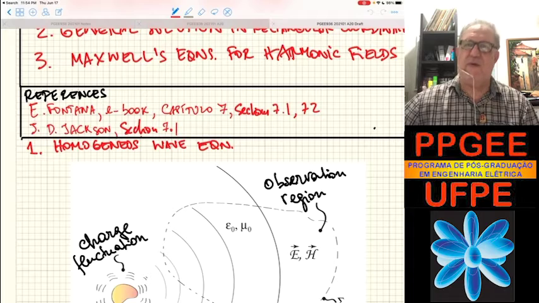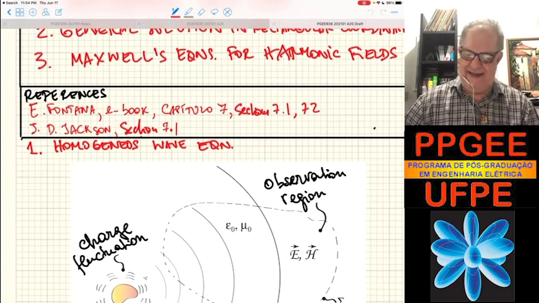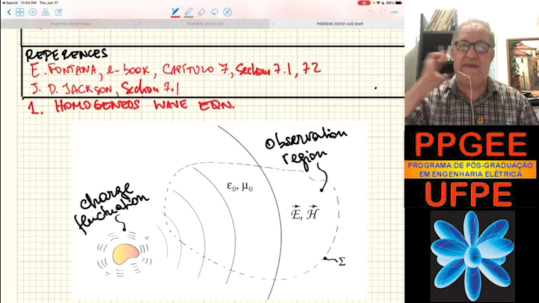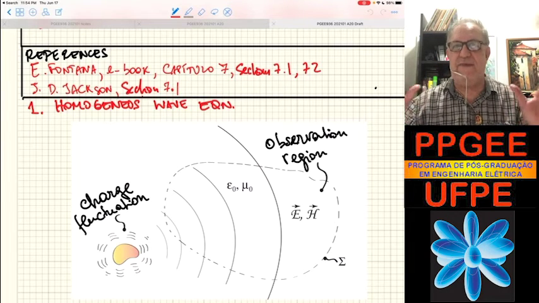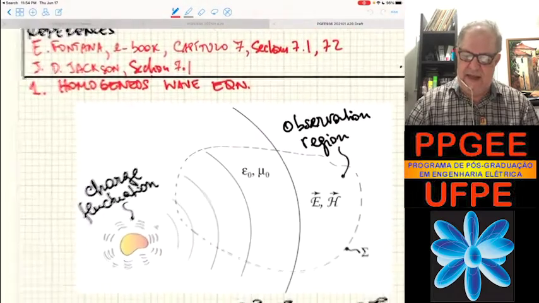So going to more trivial things, having our feet on the earth, let's talk about the very simple physics of electromagnetism.